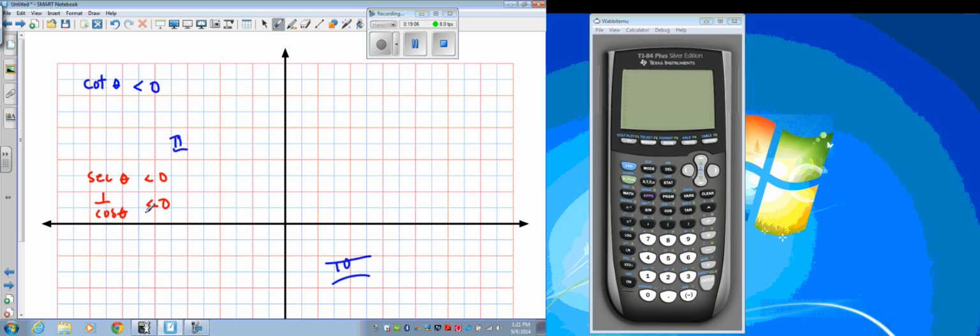Now then, cosine is actually going to be something over r. Is it the y over r or x over r? It's x over r, so it's negative. So in which quadrant is this true? Okay, so it's 2 and 3. Now where is the answer with both of those? So it's number 2.